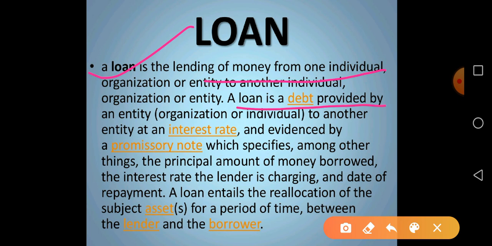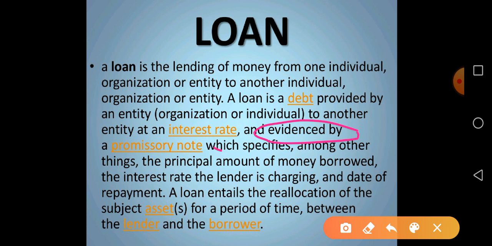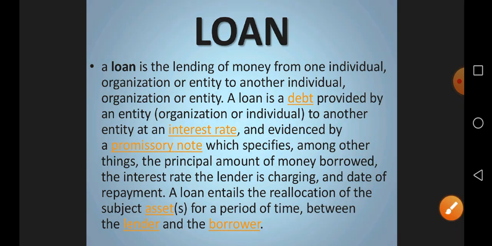A loan is a kind of debt provided by one entity to another, such as loans given by banks, and the bank earns interest on providing this loan. So they make some profit by issuing loans. The bank will provide you a loan only if you have a promissory note or some evidence with you.